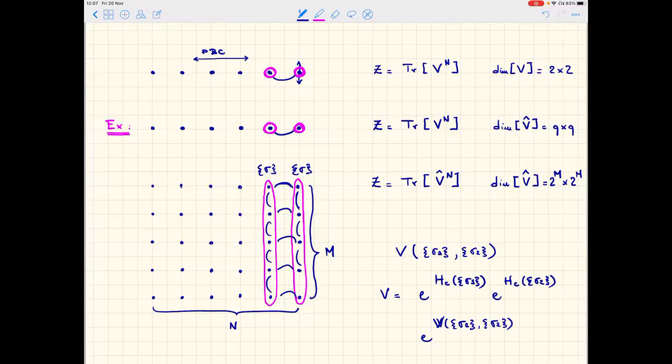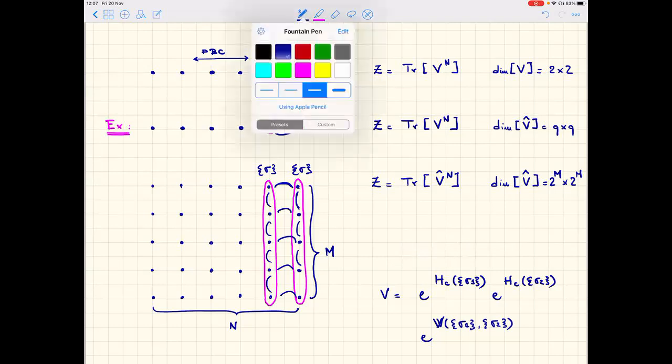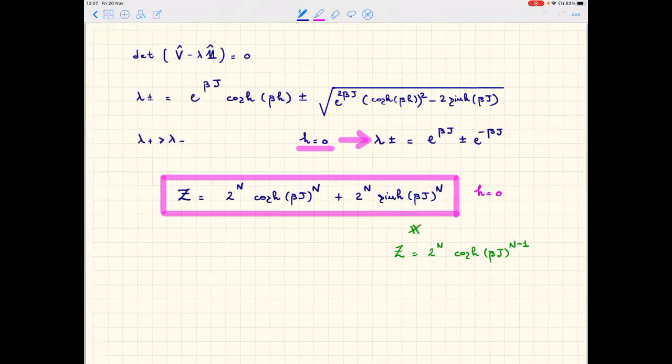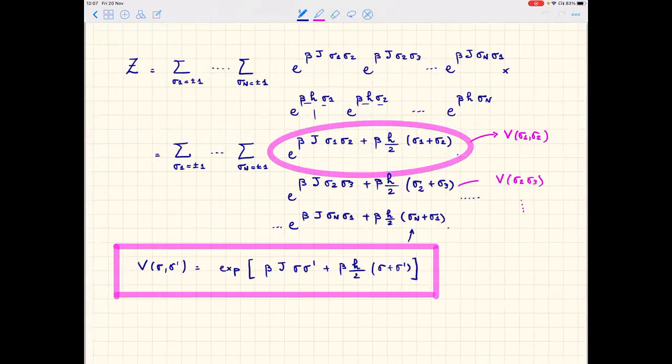So this is going to be the generalization to this particular case of what I had before. Let's look at what we had before. Let me finish here and then I'll let you ask the question. In the one-dimensional case, my transfer matrix is the energy on the configuration of sigma plus the energy on the configuration of sigma prime.